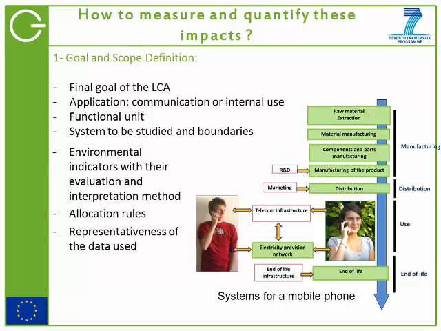Once you define the system, you set up the boundary for your analysis. For example, we may decide to disregard the telecom infrastructure in the assessment of the mobile phone. You then define the set of indicators you wish to use, and the allocation rules for them.